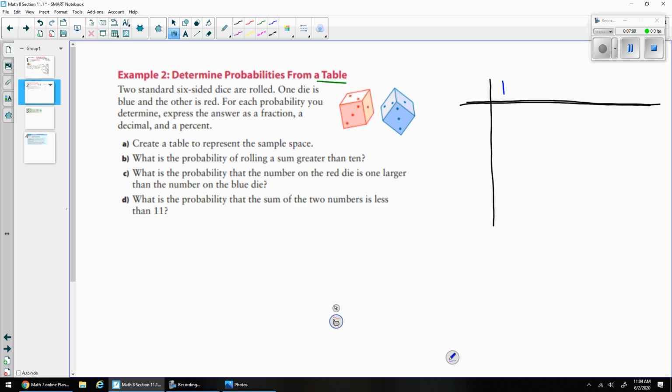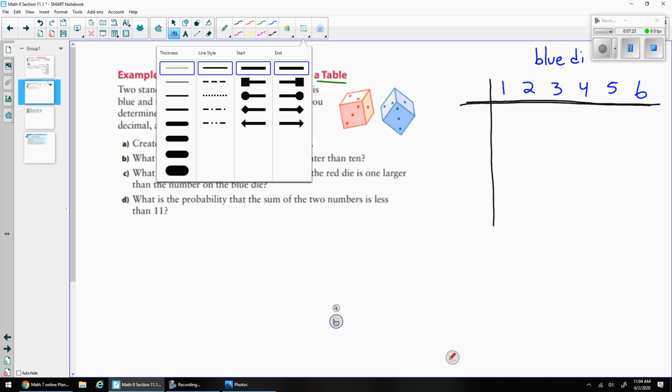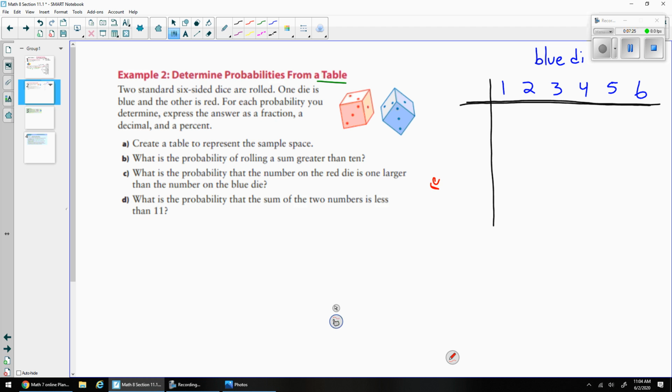So you get a 1, a 2, a 3, a 4, a 5, or a 6 from the blue die. The other event is the red die, which you could get a 1, a 2, 3, a 4, a 5, or a 6.